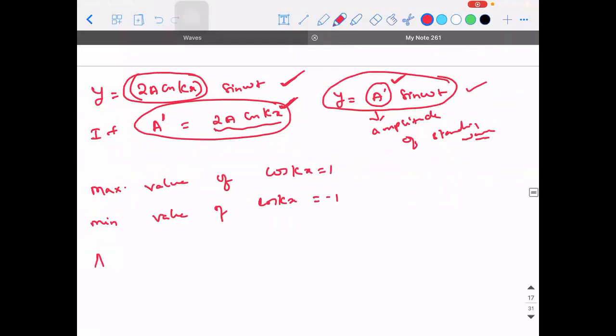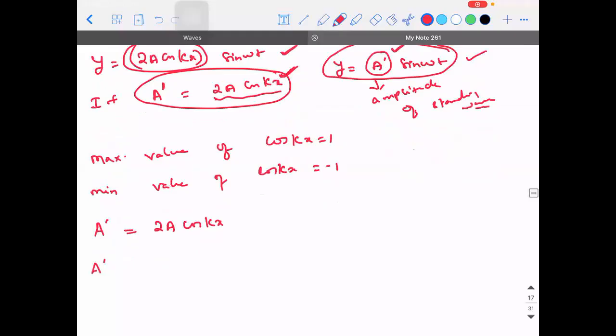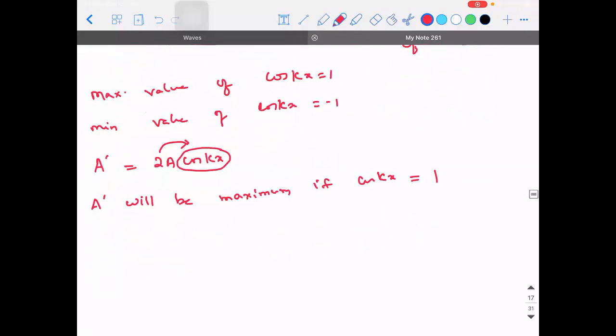Now, if I call a dash as 2a cos kx, then a dash will be maximum if cos kx is equal to 1. If I substitute the maximum value of cos here, then 2a into the maximum value of cos will give me the maximum value of a dash. So, cos kx is equal to 1. What is the value of kx? Cos of what angle is equal to 1?